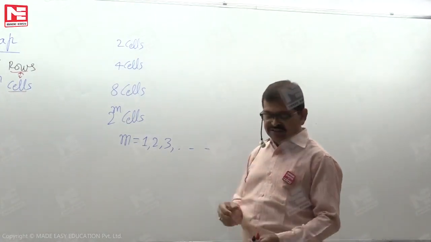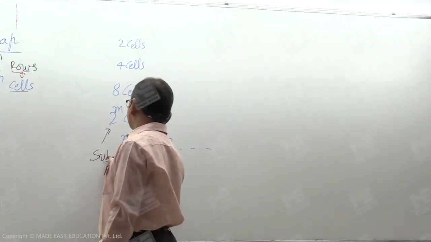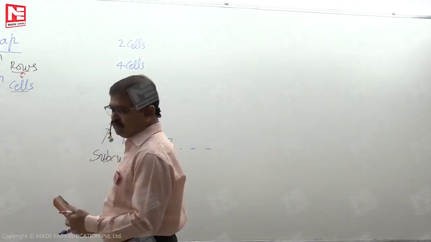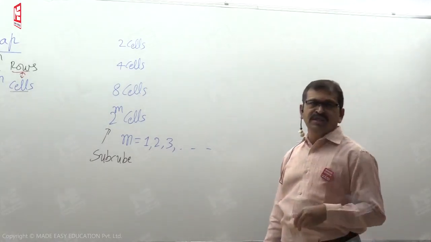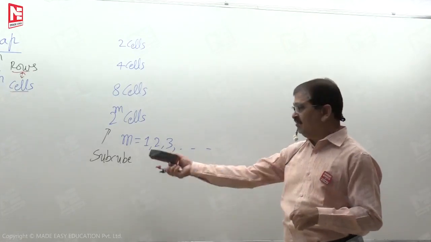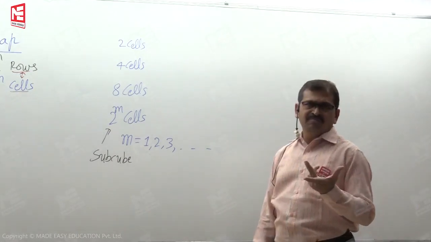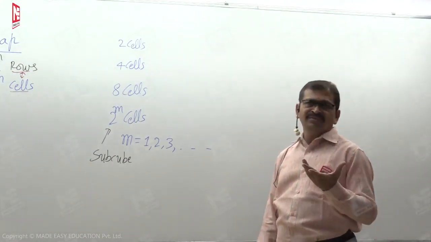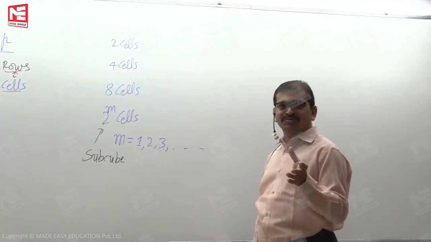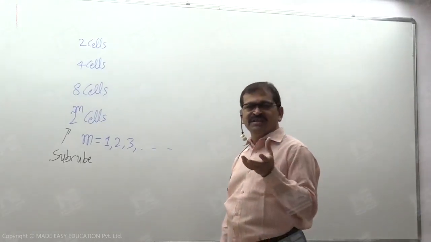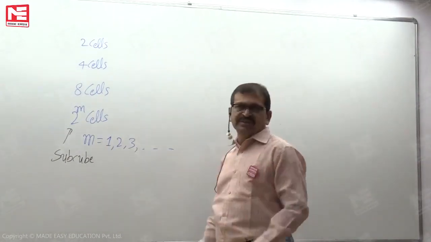Maybe 2 cells, 4 cells, 8 cells, etc. A group of 2 to the power of m cells is called a subcube. A 2-cell subcube is a pair, a 4-cell subcube is a quad, an 8-cell subcube is an octal. We do not have subcubes with 3 cells, 5 cells, 7 cells or 12 cells. Subcubes will be only in this format.